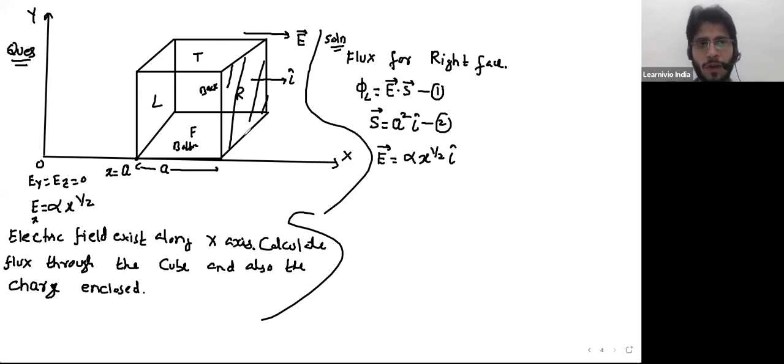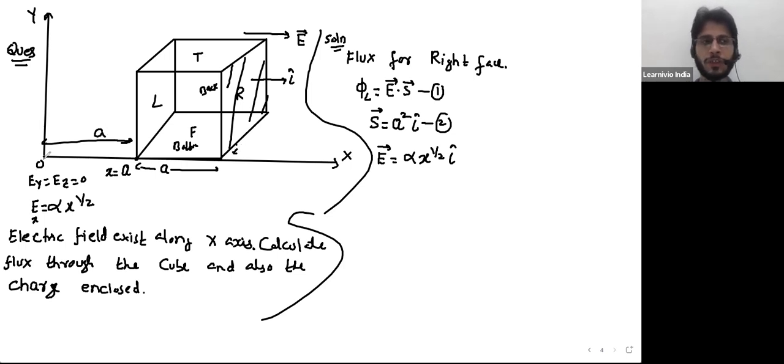What is the value of the x coordinate for the right face? Each face will have a different value of x coordinate. Here to here is A, and the right face is here.